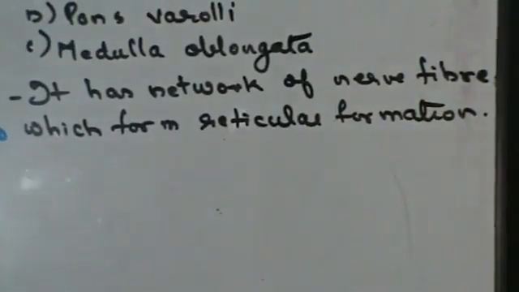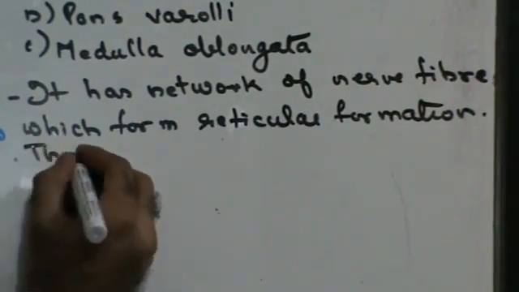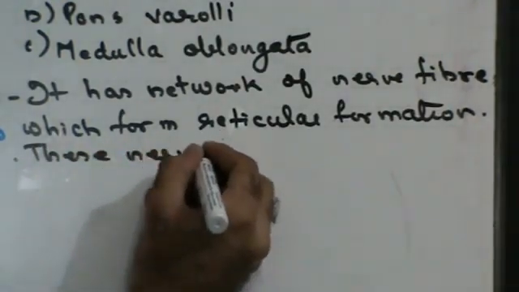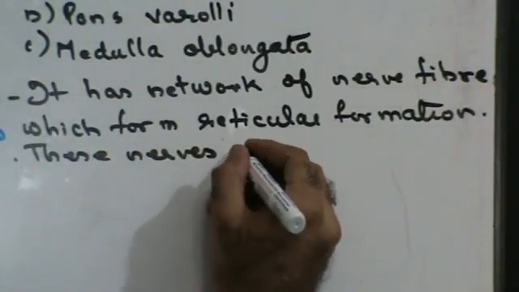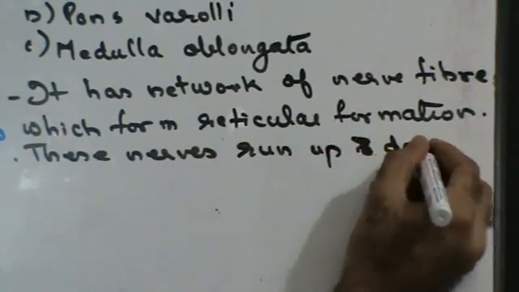Right? These nerves run up and down the central nervous system.